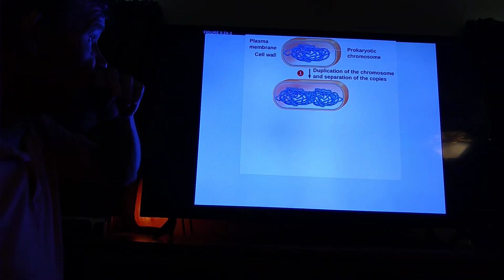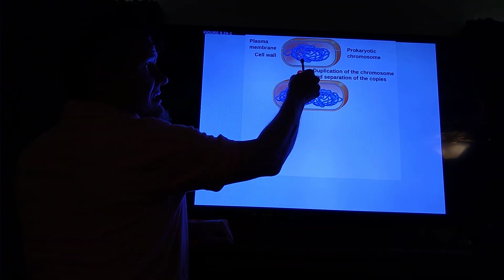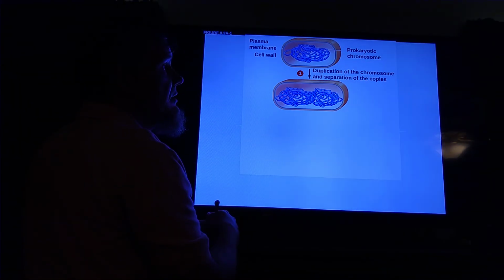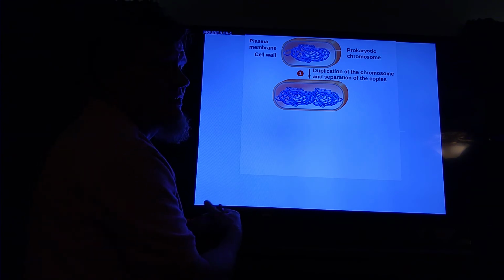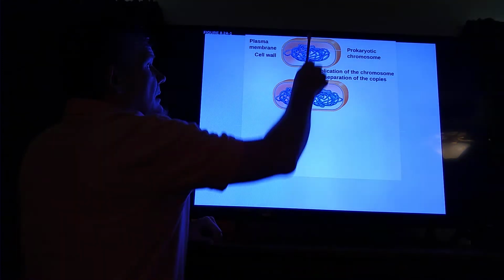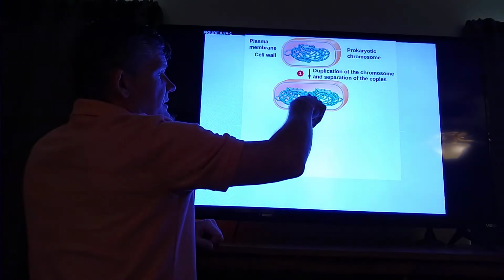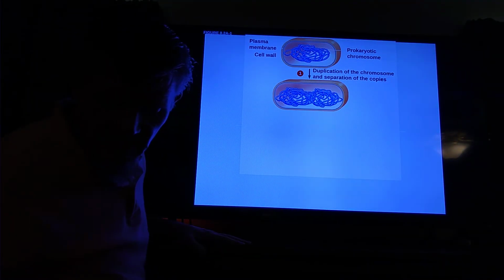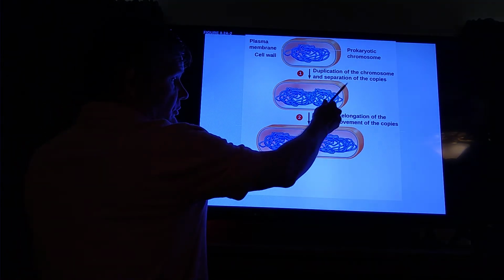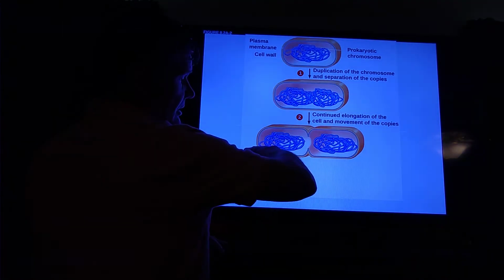Here we see our bacterial cell with its single circular chromosome, and I know it doesn't look like a circle to you, but just imagine a huge rubber band all wadded up into a chunk. That one circular chromosome will attach to the cell surface. When it does, the cell will begin to split right there, and it splits the chromosome down the middle into the left and right half.